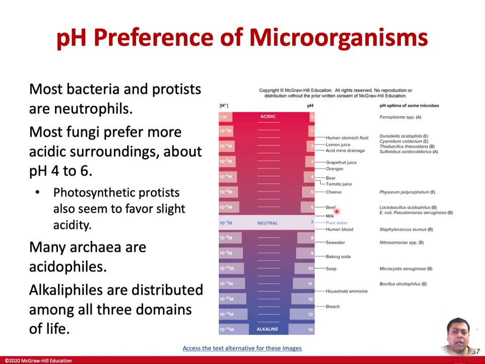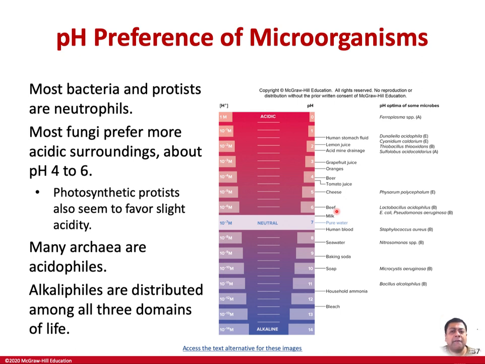Many archaea are acidophiles as well, along with the bacteria. For example, the archaeum Sulfolobus acidocaldarius is a common inhabitant of the acidic hot springs. It grows well from pH 1 to 3 at high temperature. Another archaea, Ferroplasma, can actually grow very close to pH 0.